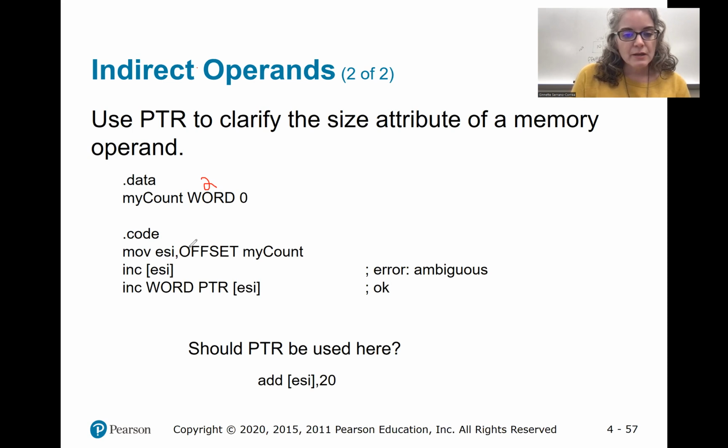Here we're saying offset my count, so give me the address of where my count lives. This gives the address and moves the address into ESI. Let's just say that the address of my count is FFE0, just like we've been doing before.